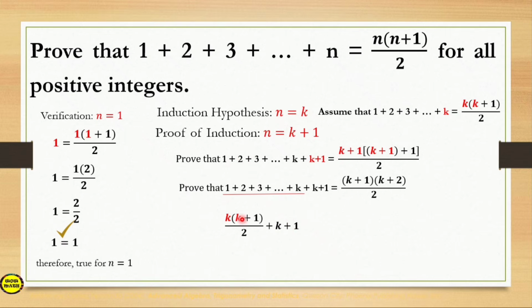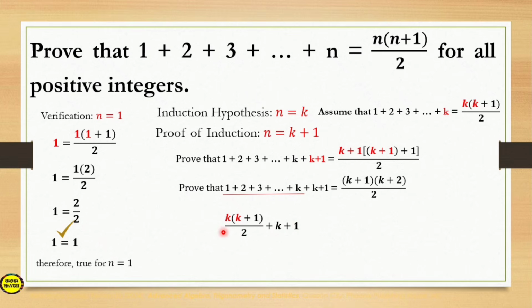Okay? So, focus natin itong nasa left side. Kinuha natin ito dahil ito, class, ay equal dito, and then dinagdag natin sa k plus 1. So, sa fraction, kapag may fraction ka and then nag-add ka ng isang whole number, kinukuha natin yung LCD.